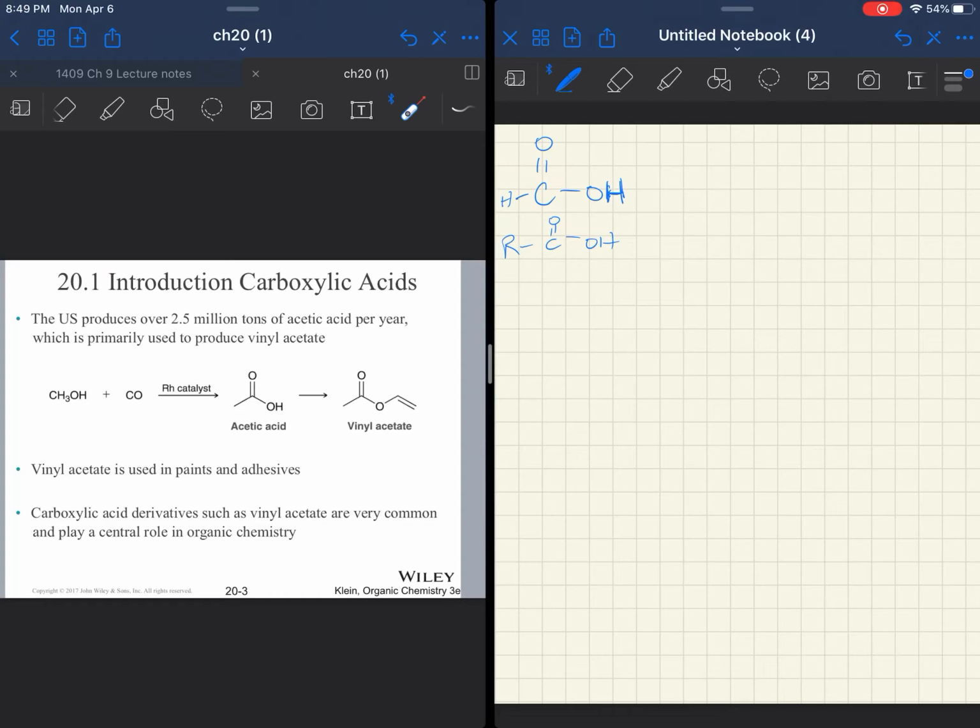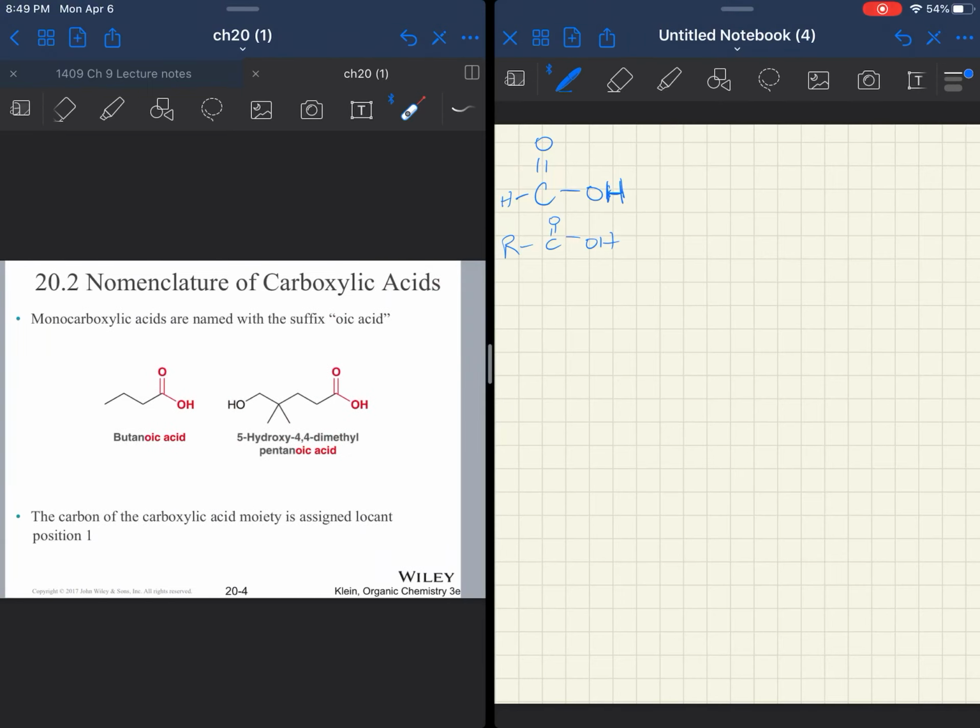It's very common to see reactions with a rhodium catalyst or really high pressures or temperatures. It's interesting if you're in chemical engineering, that's something you'll study more in your future. But for organic, we stick to the smaller organic reactions, and we don't look so much at big industry.